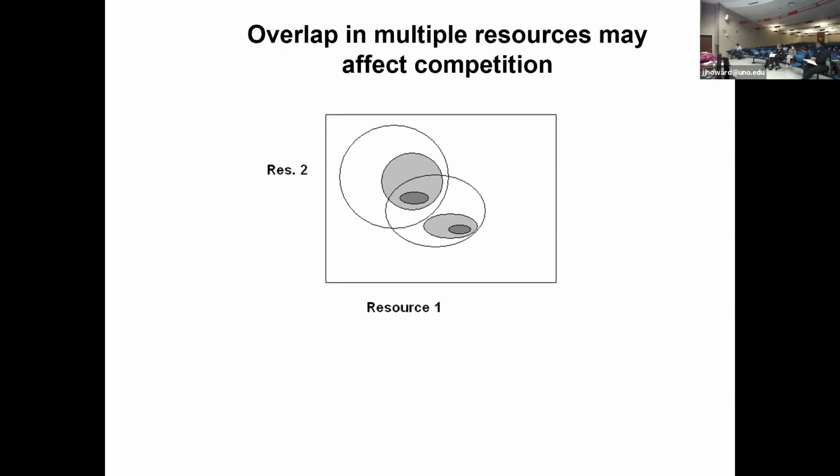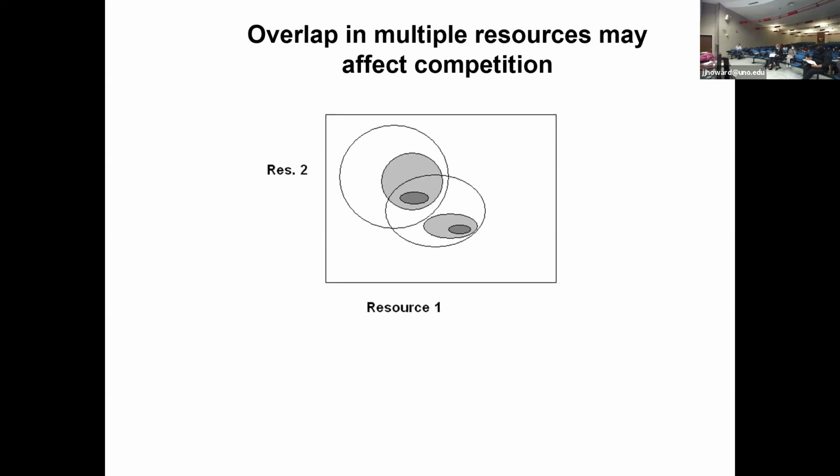And here then is a diagram of the two-dimensional niche with two different resources. And so you have two species here that are competing for these two resources. And notice that each of them is kind of a bullseye in their niche. They have an outer envelope inside of which the species can grow.